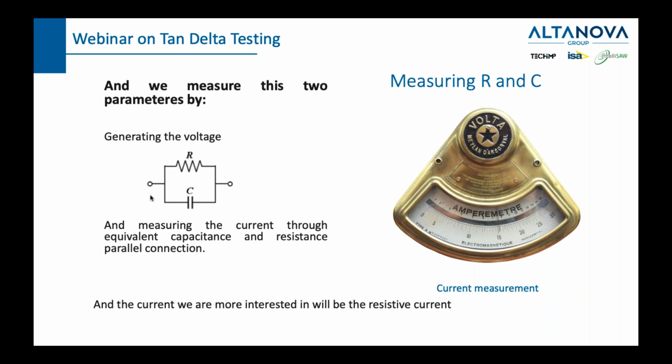The phase shift with respect to the voltage that we generate will make all the difference, and that will actually tell us how much is this and how much is this. So, of course, since we have here the capacitive current and the resistive current, we will be more interested, let's say more interested, in this resistive current.